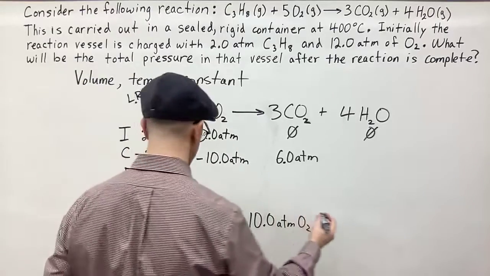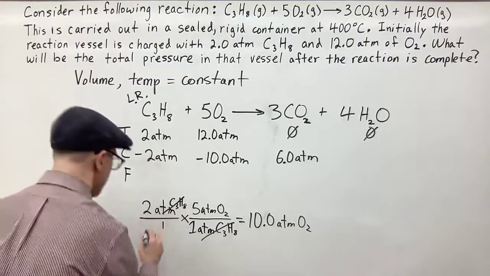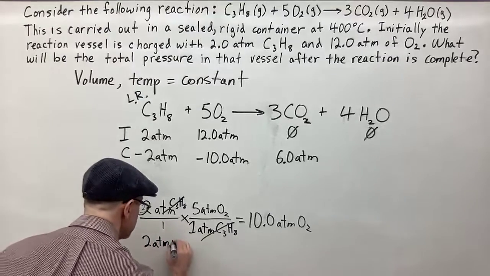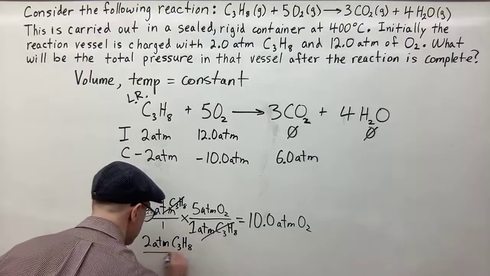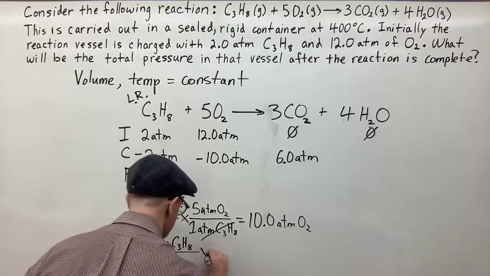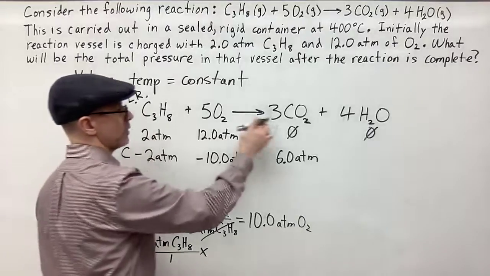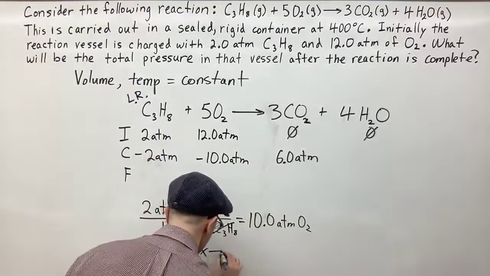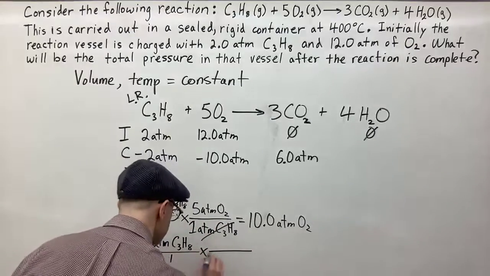So I can do that over here, or I can do it down here. So I have, again, 2 atmospheres. I'm going to start with 2 atmospheres of the propane, C3H8 over 1. And then I'm going to use the mole ratio between propane and carbon dioxide, 1 to 3. But I'm going to do atmospheres because the pressure is proportional to the moles.